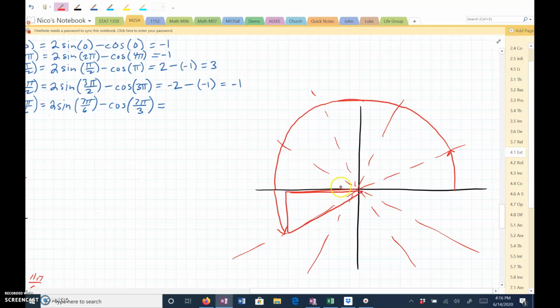Sine would be the opposite, which would be negative 1/2. So this is going to be 2 times negative 1/2 minus cosine of 7 pi over 3.